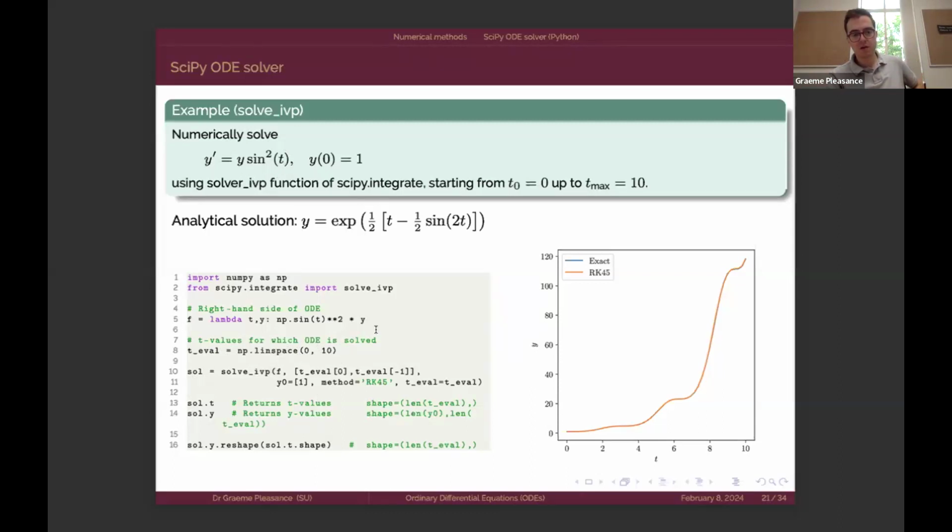The second argument is a pair of t values that represent the initial t value, t naught, and the maximum t value that we want to solve up to, t max. Here I've provided this as a list with a pair of values.